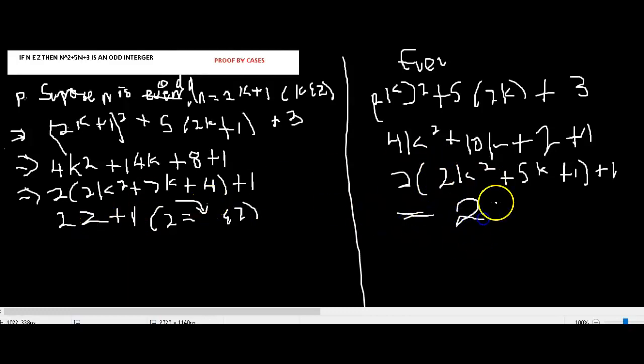So here you can say 2m plus 1, where m is equal to this whole bracket, and m is an element of the integers. Done. And when you're done with the proof, put a square over here and color in the square. That means you're done. So proof by cases, you need two proofs to do it, and you'll see it in the question. It'll make sense what to do. That is proof by cases.